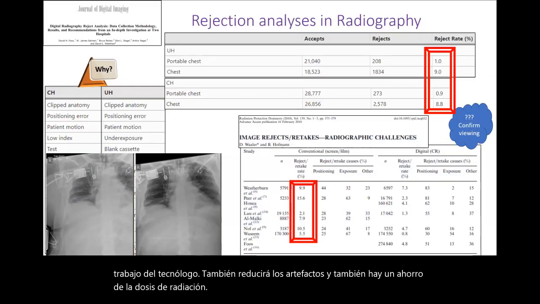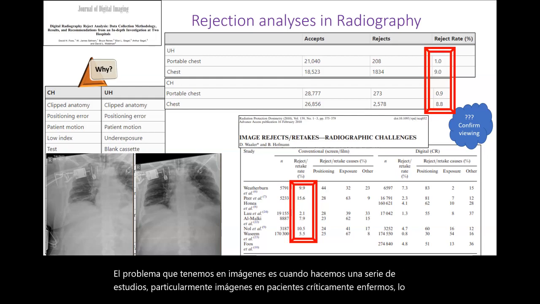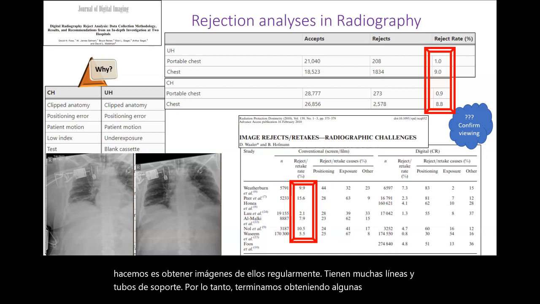The other common problem we have in imaging is when we do a number of studies, particularly imaging in critically ill patients, what we do is image them on a regular basis. They have a lot of supporting lines and tubes. Therefore, we end up getting some suboptimal imaging studies. This is particularly true for portable radiographs.